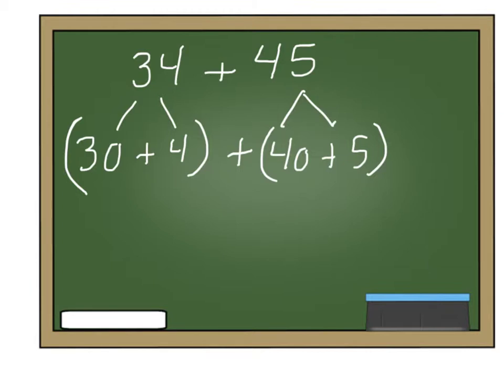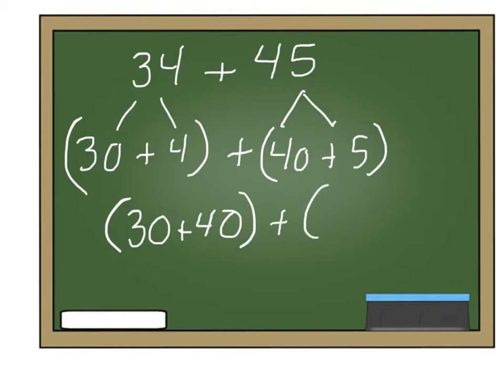And now what I want to do is group by place value. Well, what do I have that's the same? We have 30 plus 40. That's my groups of tens. And then I can group my ones together.